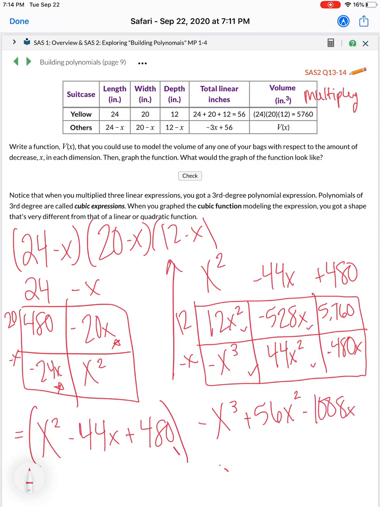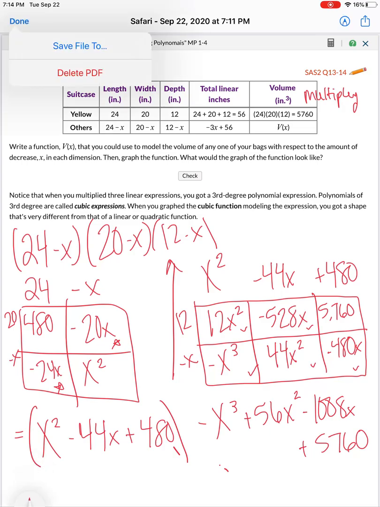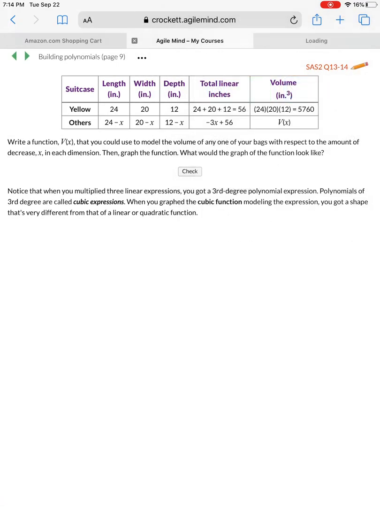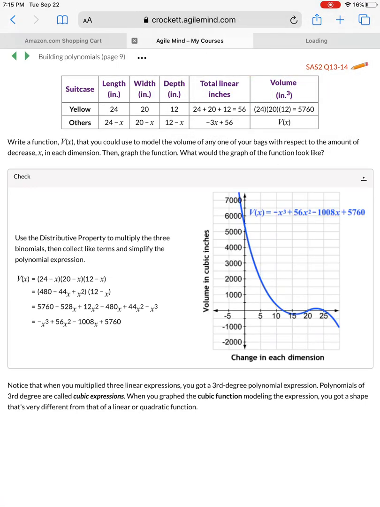We have a negative 1008x plus 5,760. Okay? Now, I'm going to hit check, and it's going to show us the exact same thing that I just did. Okay? The same answer. Okay?